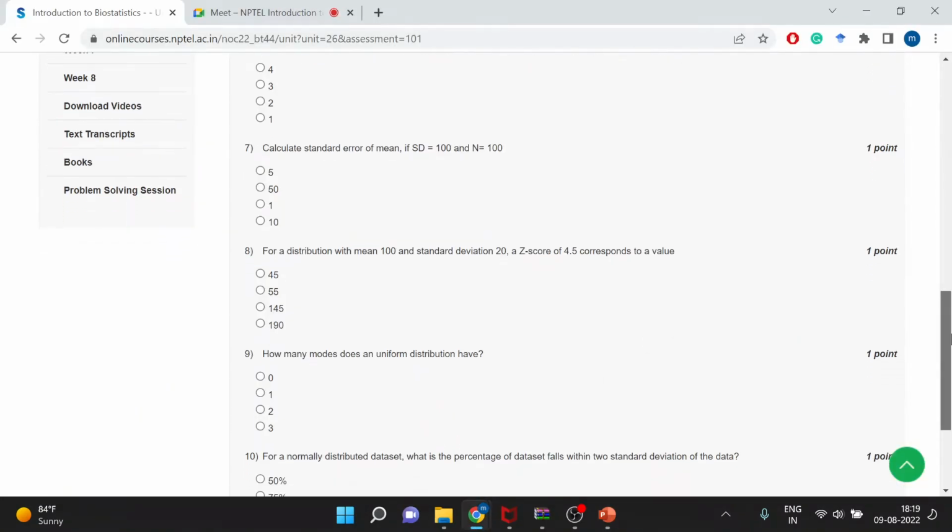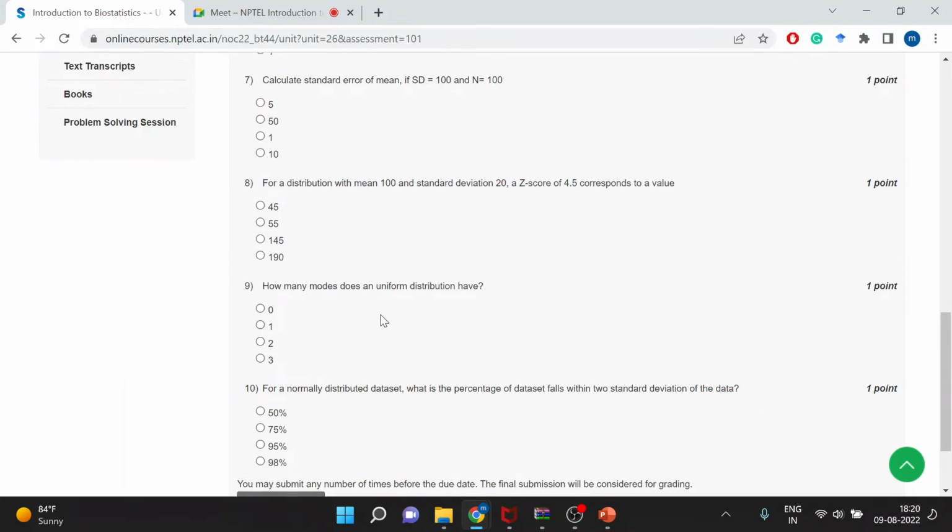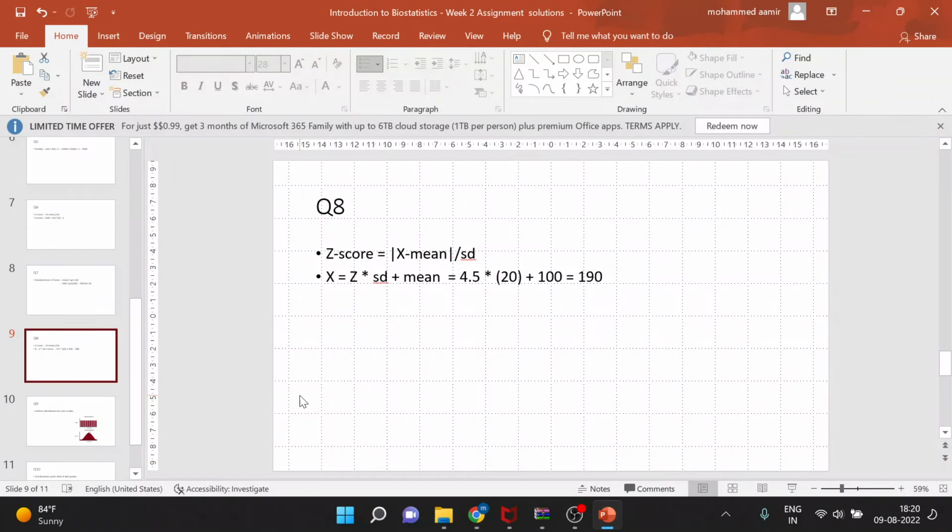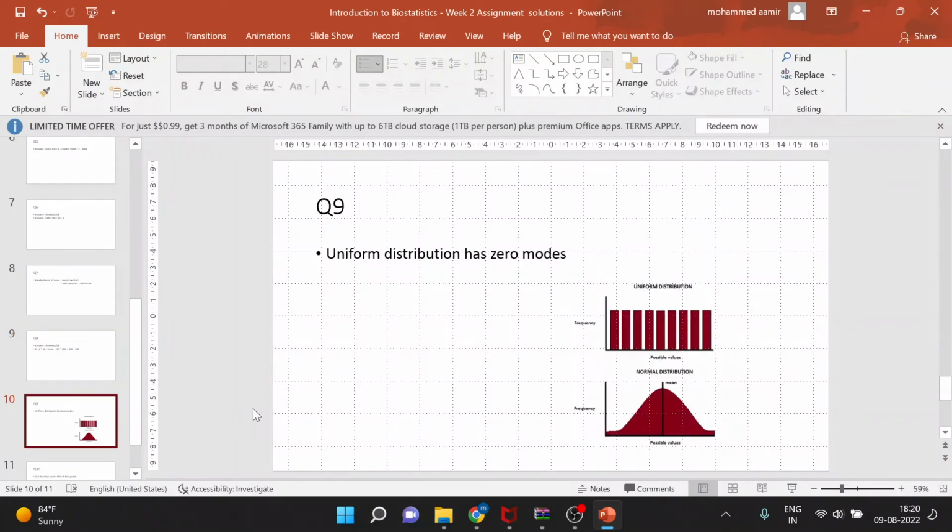Next, we did this last week as well. This is just a recap. How many modes does a uniform distribution have? Can someone tell me? Zero. Yes, 0. So today I've got an image of a uniform and a normal distribution. Here you see the uniform distribution, which is flat, right?